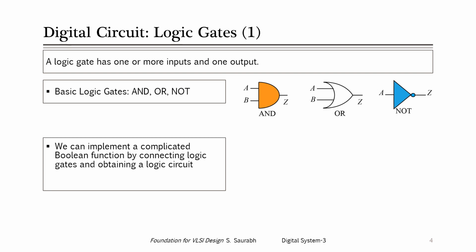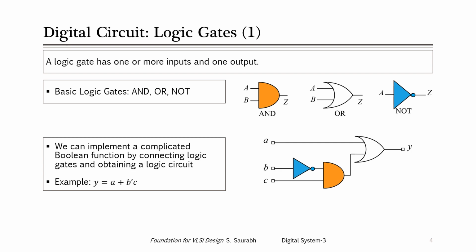a logic circuit. For example, if we are given a function y is equal to a plus b bar c, we can implement it using a logic circuit. So this is a logic circuit.